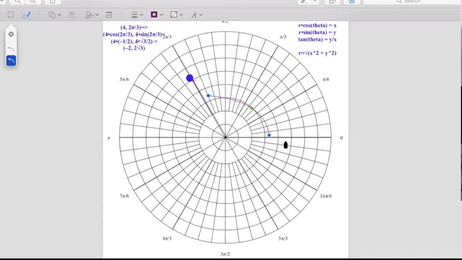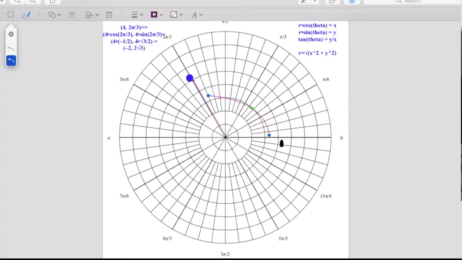But if you'll recall, another way to do it is to go all the way around and then 2 pi over 3 more. So it would be 2 pi plus 2 pi over 3, which is 8 pi over 3. And then we can add another 2 pi and get there again, and another 2 pi.